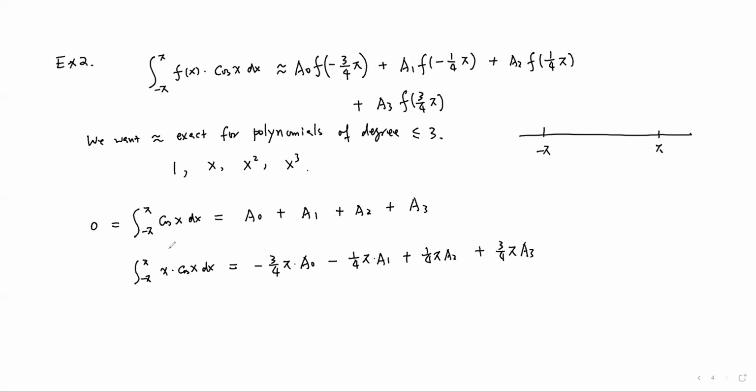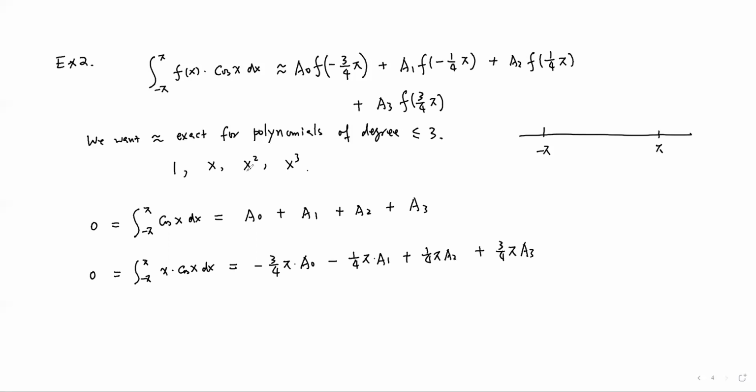Second equation. This integral again is 0. Actually, x times cosine is an odd function, and the integration interval is symmetric about 0, so the integral is 0.